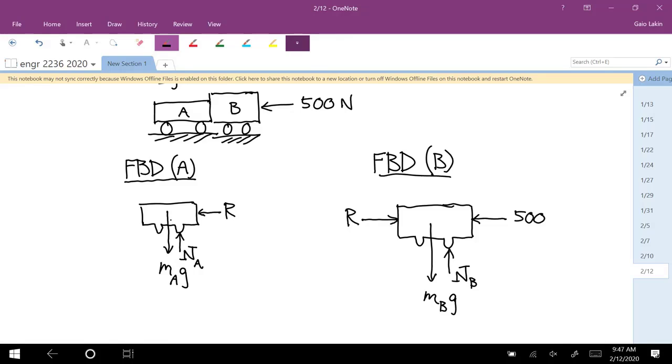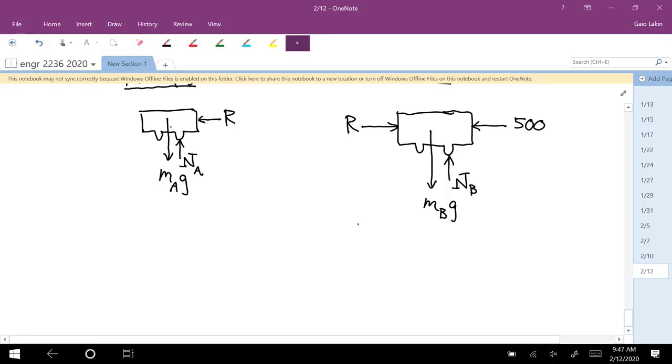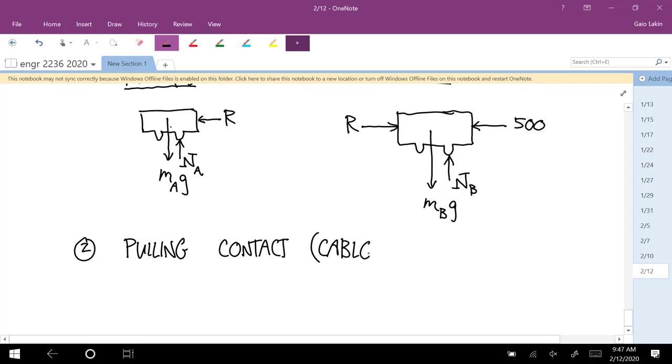Okay, I have 2 minutes to do this other one, and I really want to get to this point. So we'll do friction next time, but the second one is pulling contact. And you can always think of this as being done by a cable.